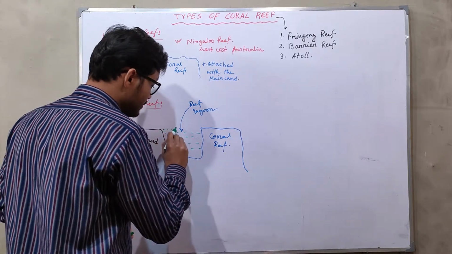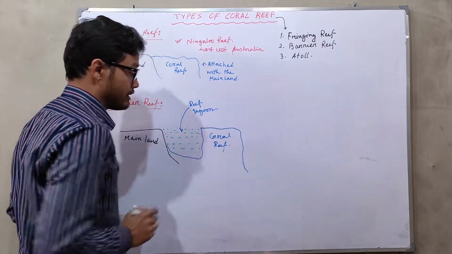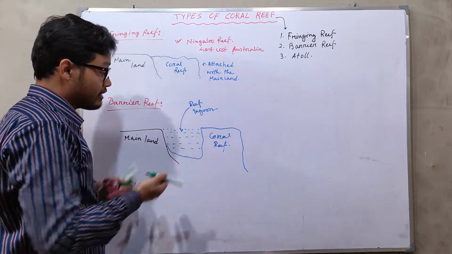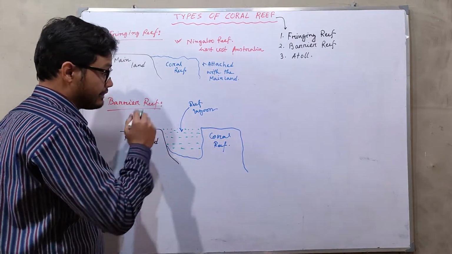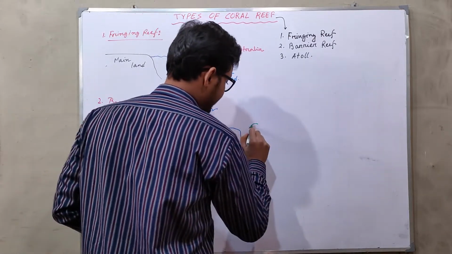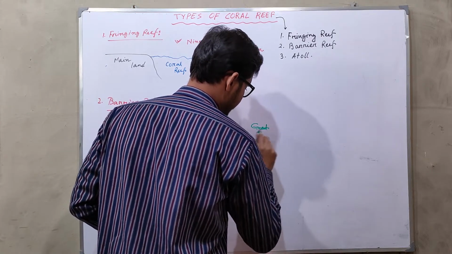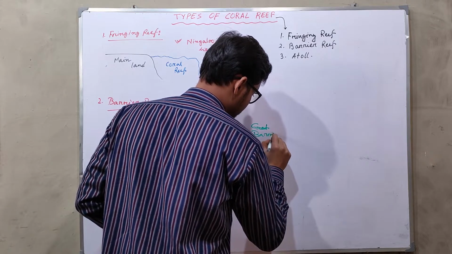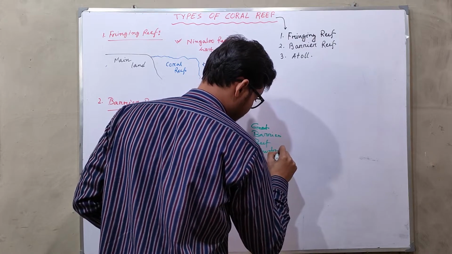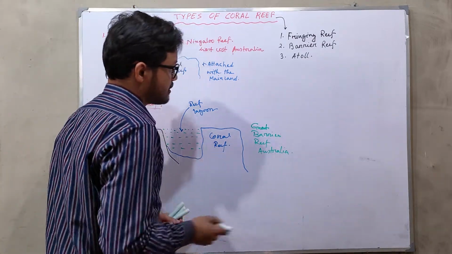We observe there is a gap from the mainland to the coral reef, and this kind of reef surrounds the mainland, and is known as a barrier reef. One example of the barrier reef is the Great Barrier Reef, Australia.